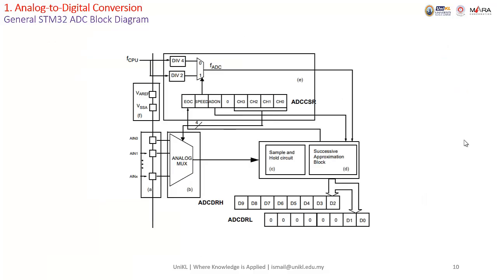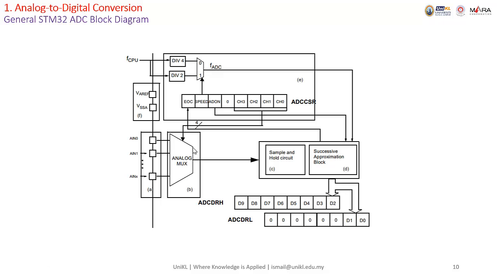And now I will talk about the STM32 ADC block diagram. So this is a basic block diagram of it. So it has number of channels, analog input 0, analog input 1, up to x. Then it depends on the family you use.